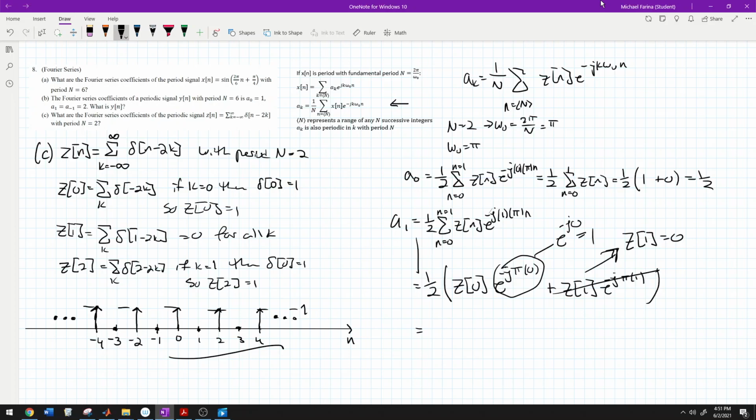So we get 1/2 times z at 0, times 1 plus 0. We know that z of n equals 0 is equal to 1, so that's 1/2 times 1 times 1 plus 0, which is equal to 1/2. So our Fourier series coefficients for z of n are a0 equals a1, and that equals 1/2.